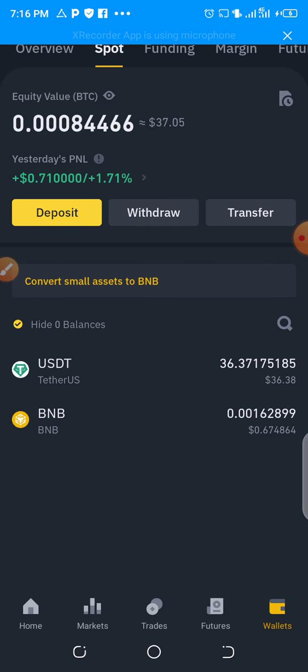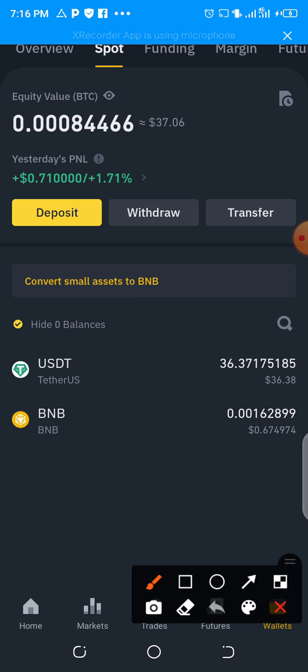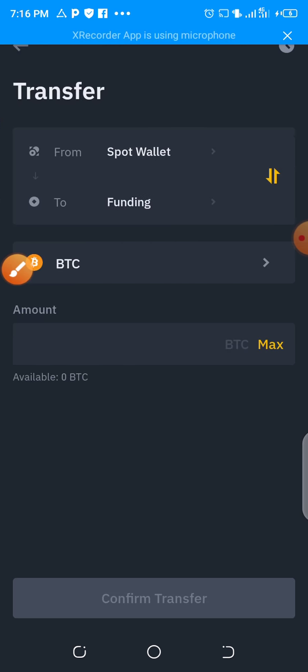Let me go back and show you. I want to make a transfer, so I tap on the spot wallet and click on transfer. Here you see transfer from spot wallet to funding wallet.